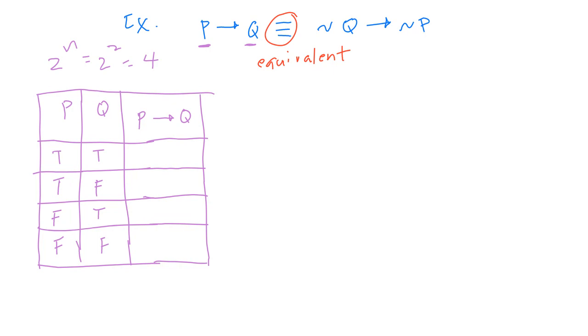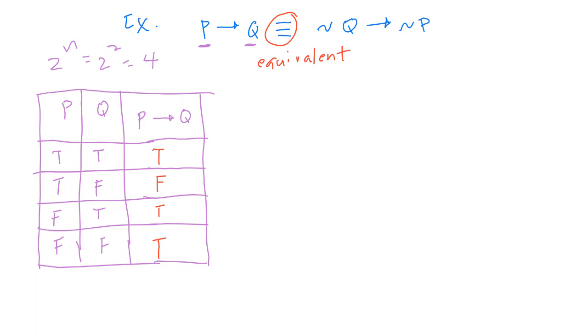Then you will get a false statement. So that should be false on the second row. T going to F, that should be F. And then the rest would be T. Okay, so those are the outputs for that statement.